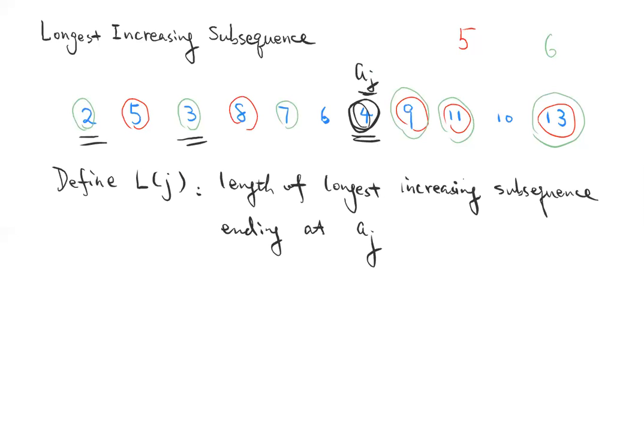So this value, Lj, if j is here, equals 3. For this one, it's 3. For this position, which is 7, we have L7. Counting 1, 2, 3, 4, 5, 6, 7, yeah. So for each position, we define a number L of the position: the length of the longest increasing subsequence ending at aj.